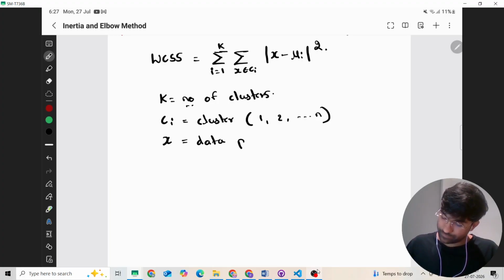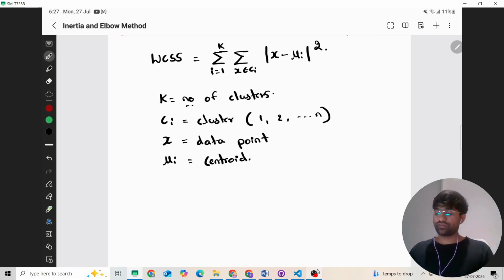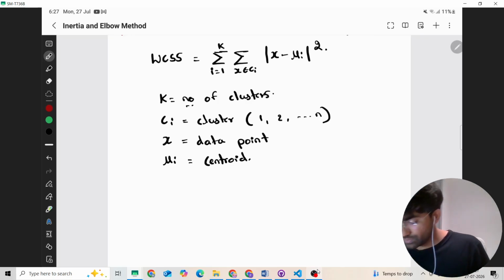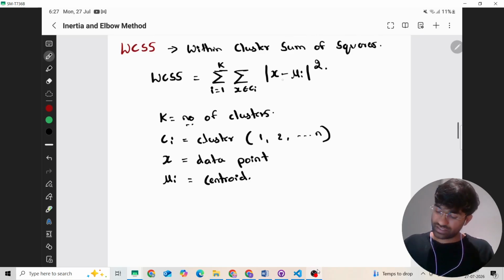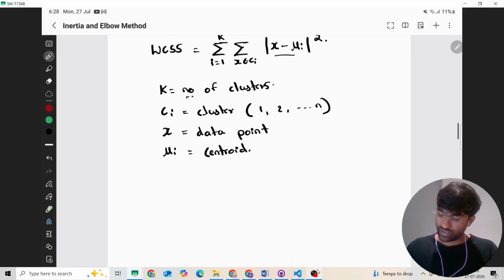X is a data point, and mu i is the centroid of a cluster. So we have to calculate the distance and square it, for every data point in a cluster.